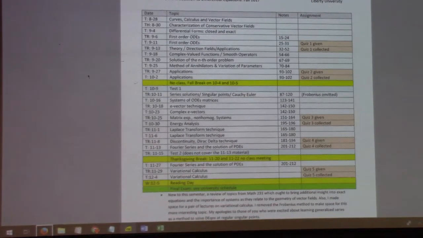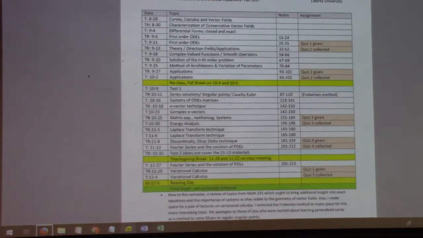Now, as I said on there, it does not cover 11.13 material. It also does not cover 11.8 material because we got ahead, right? So 11.8 and 11.13 were both PDEs not on your test 2. Like I was trying to explain today, it's possible that there's like 10% on the final about the non-integrative part of the PDE solution, the part that's not the horrible integration by parts like I did today.